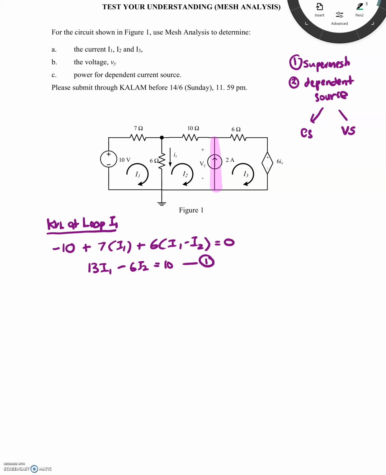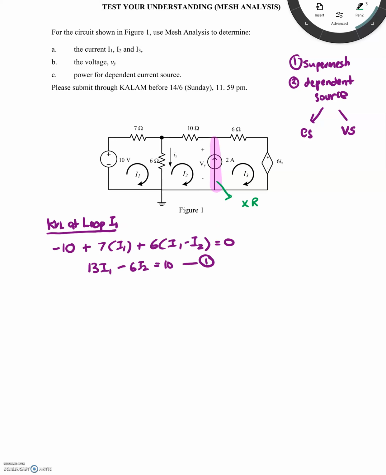For example, to do the KVL you need to multiply I with the R. As you can see here, there is no R. Therefore, it only consists of the currents.